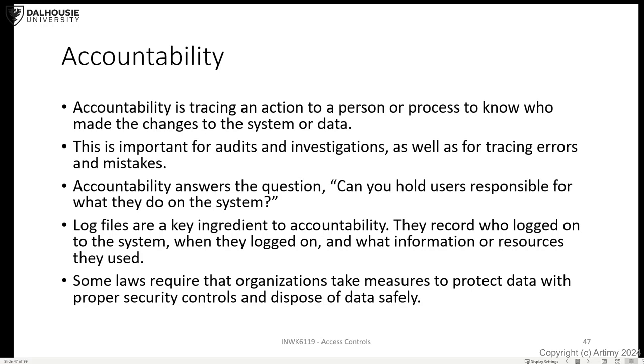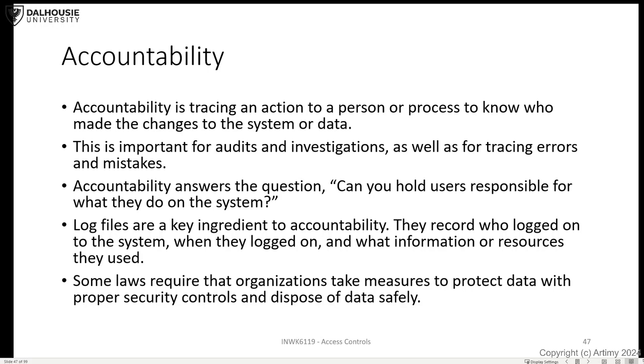So when they make a change, or if they view, you log the view. If you edit, you log the edit. In this case, we can enforce accountability. We can make sure that people are responsible for what they are doing, not just because they are authorized to do something, they can do it without anybody checking on them.